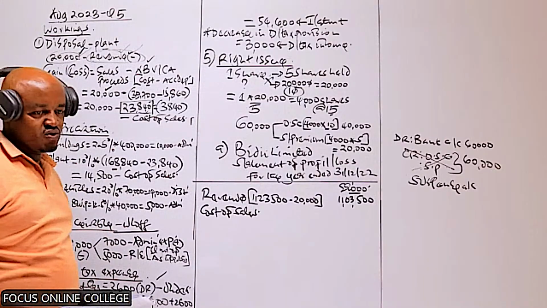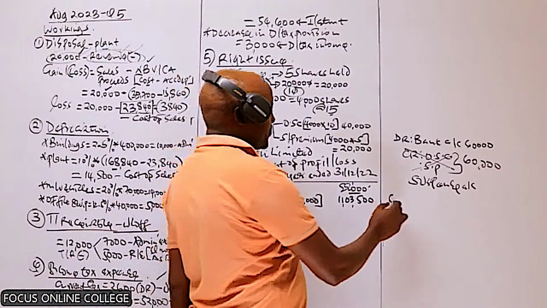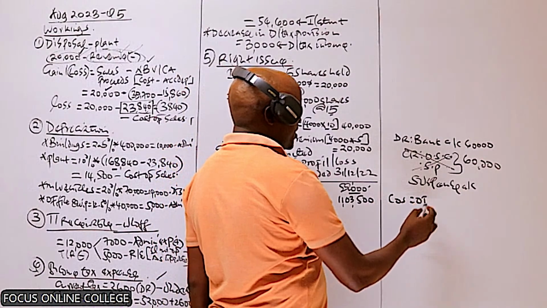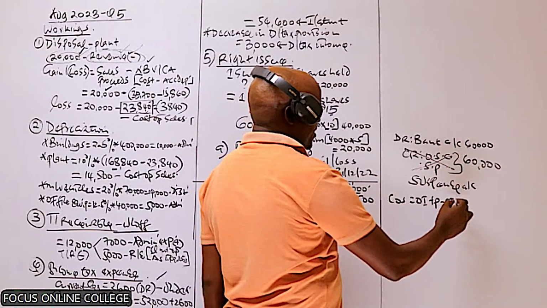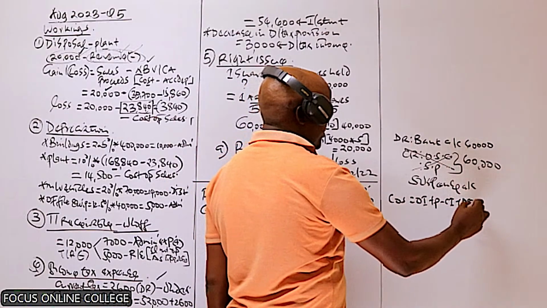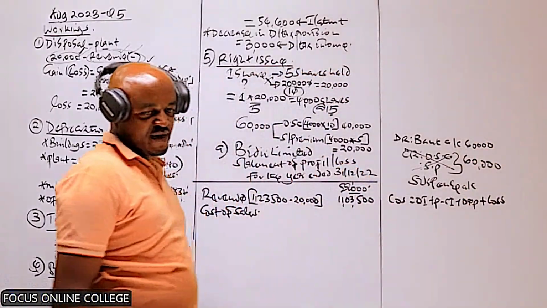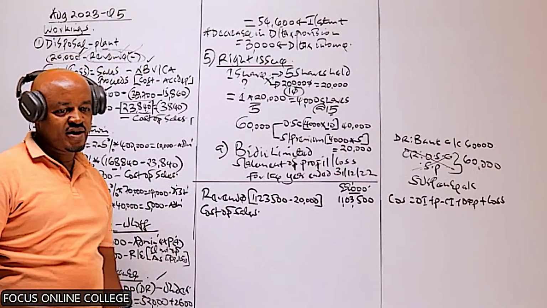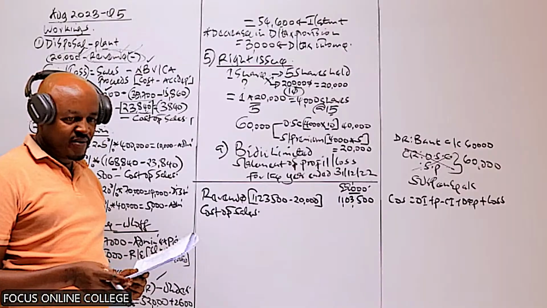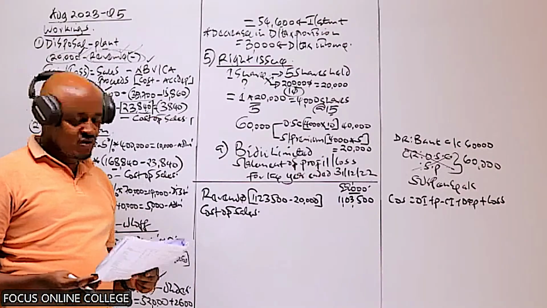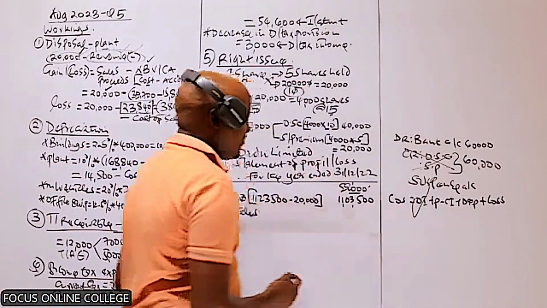So having that, we move and compute the cost of sales. You have to recall how we compute it. Cost of sales is equal to opening inventory plus purchases minus closing inventory plus depreciation plus the loss on disposal, because in our case we are not given the cost of sales. We go back to the trial balance, below the accumulated depreciation.